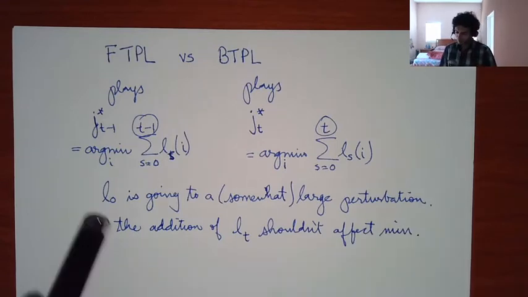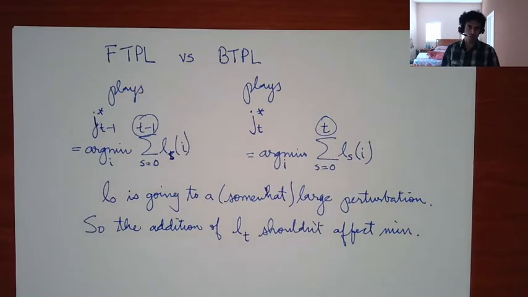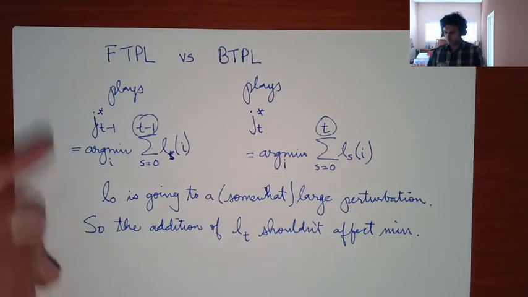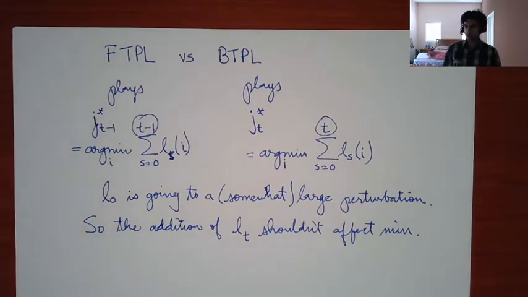It says if you're going to add this initial loss, which is this large random perturbation, then one additional function really shouldn't make a difference on what the min is. And therefore, FTPL is sort of very similar to BTPL. So it's really incredible when you step back and think of it. Each of the steps seems to make sense, but it's just magic.